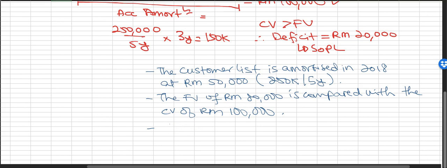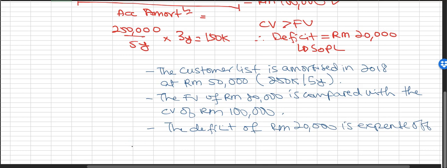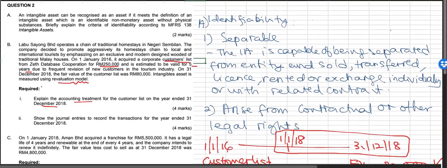You don't have to mention that the carrying value is more. You just simply say the deficit of RM20,000 is expensed into SOPL. Maybe you can add in, on 31st December 18, the fair value of 80,000. That shall answer the question for part B1.